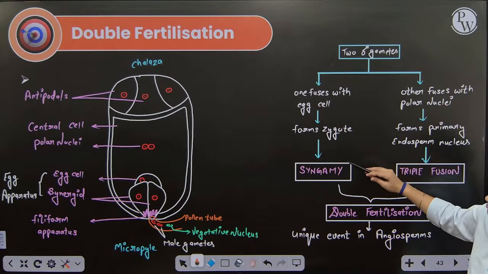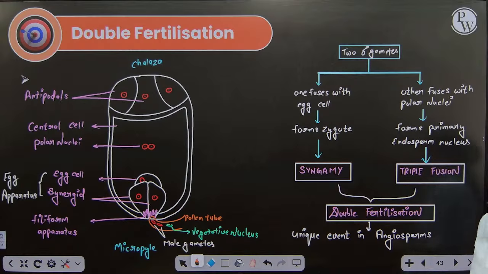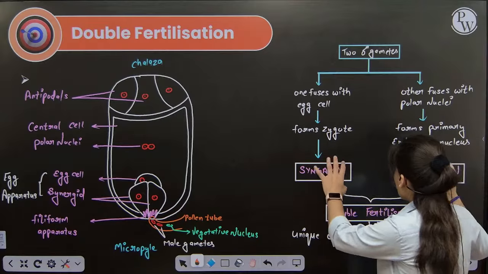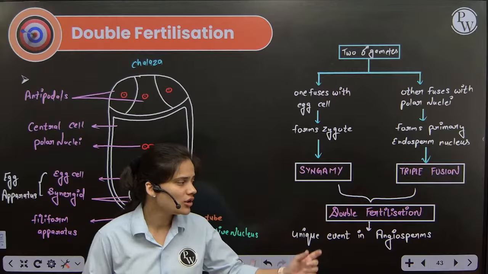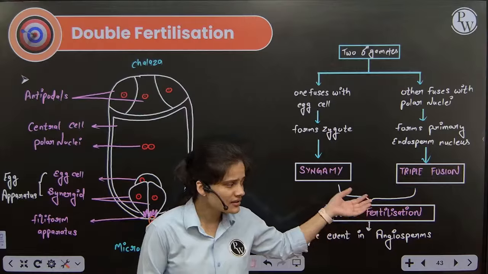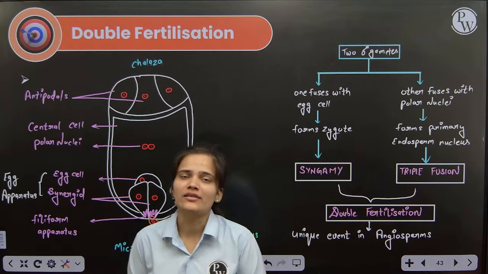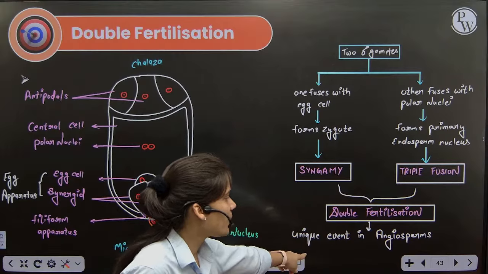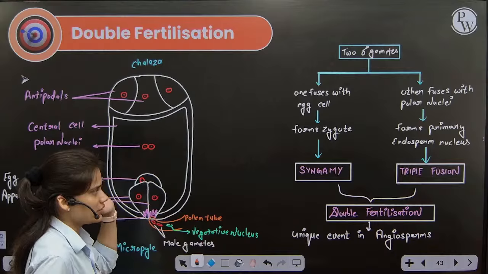As a result of syngamy, the zygote is formed, and as a result of triple fusion, the primary endosperm nucleus is formed. Syngamy plus triple fusion together make double fertilization, and this is one of the unique events in angiosperm plants. This is about double fertilization.